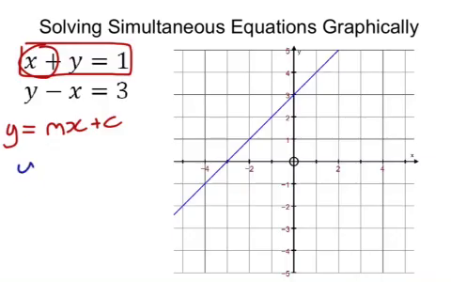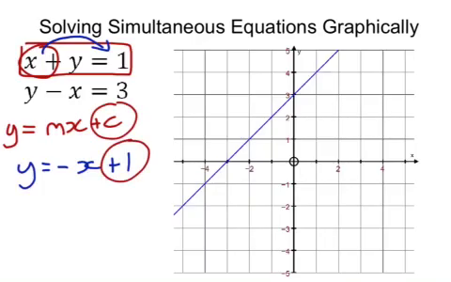So we get y equals minus x plus 1. Once again, our c is plus 1, so it's going to go through that point there, and our m is minus 1. So this means it's going to be sloping the other way.